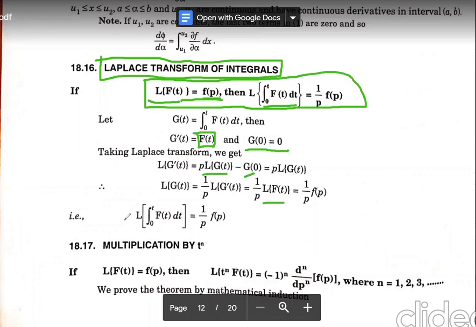That is the proof, a simple one. As a formula, you need to remember it.